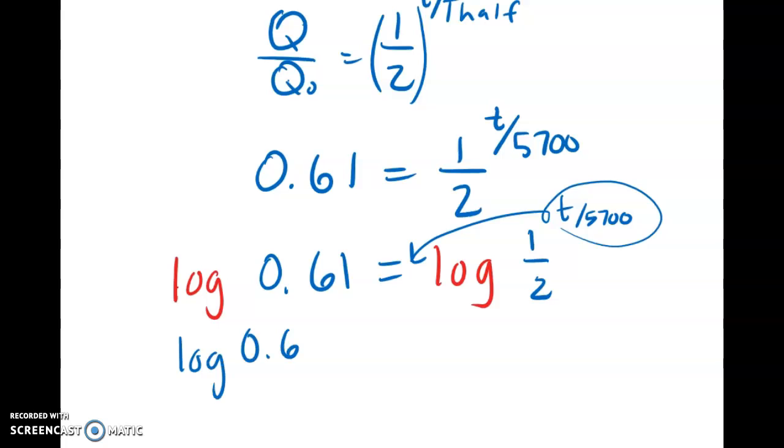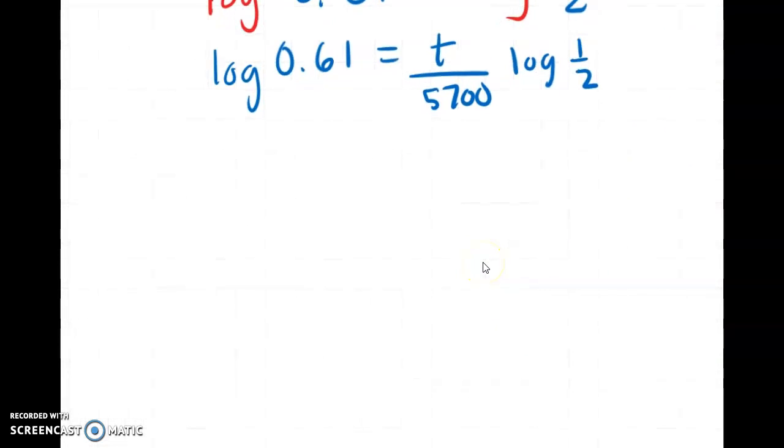So now I would have log of 0.61 is equal to T divided by 5,700 times the log of 1/2.